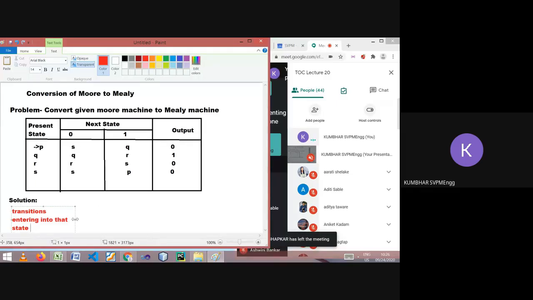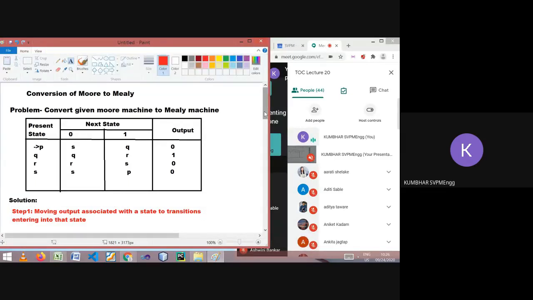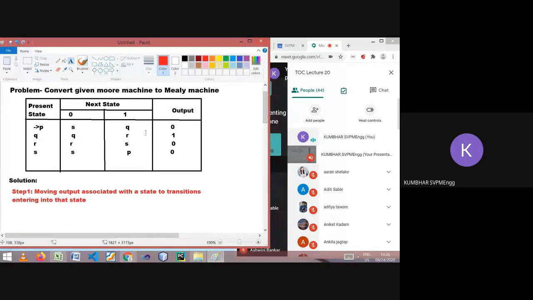Okay, so let's start with every state. Let the first state be P. For P the output is 0.